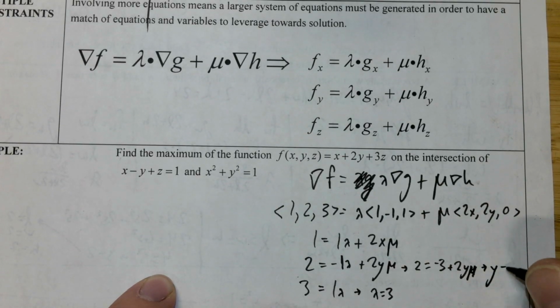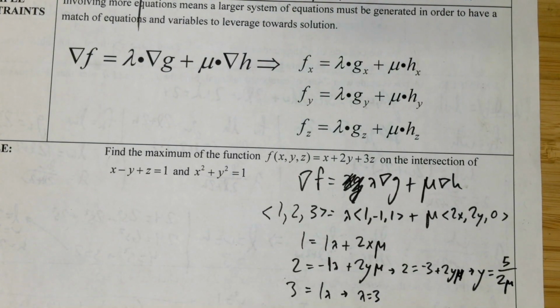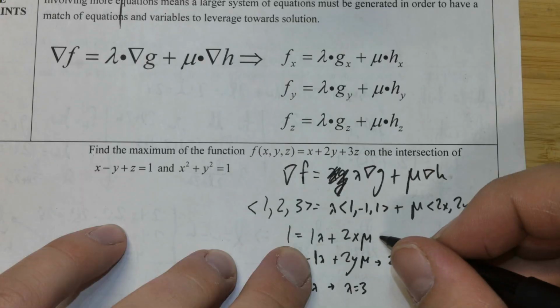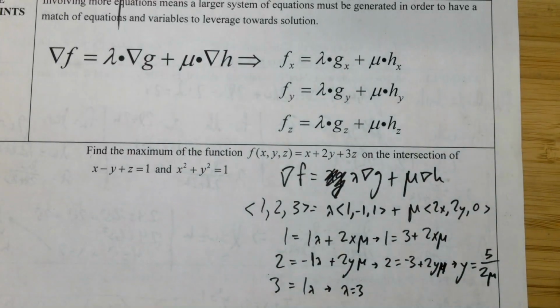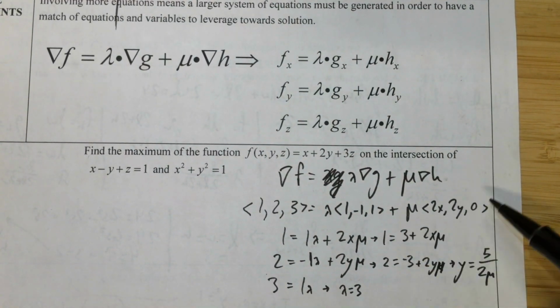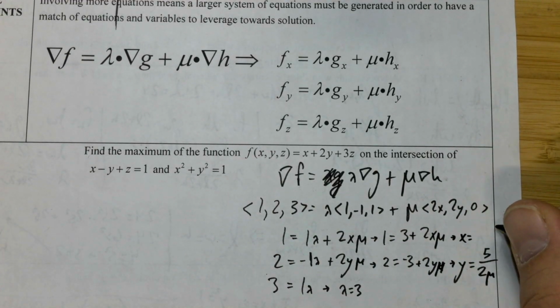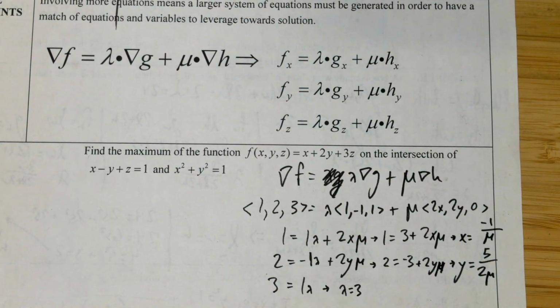I get y is equal to 5 over 2 mu. Again, I'm not quite solved. Again, here I would get the equation 1 equals 3 plus 2x mu. Minus the 3 is negative 2. Divide by the 2 mu. The 2's cancel out, and I'm left with this guy.